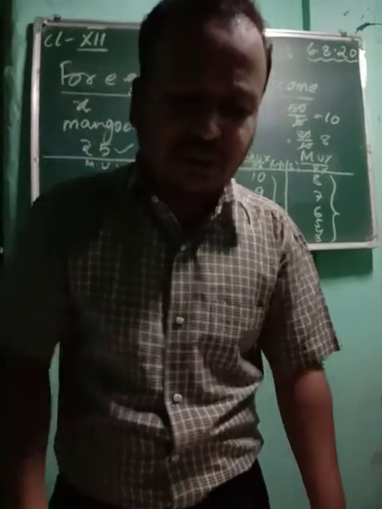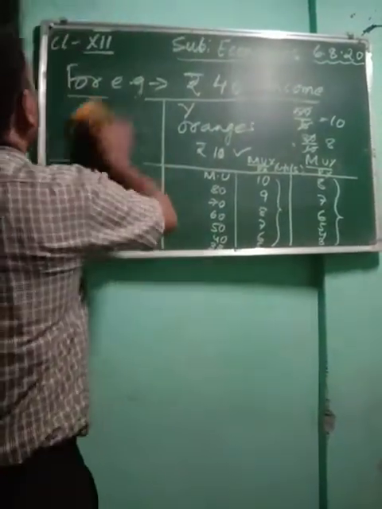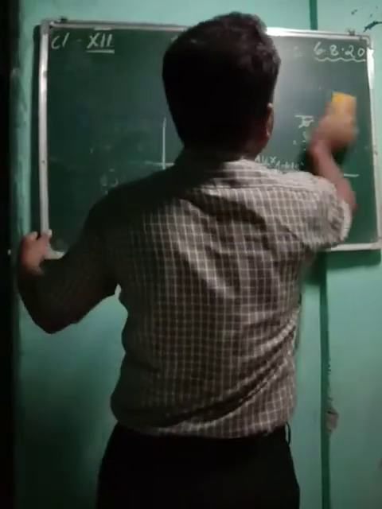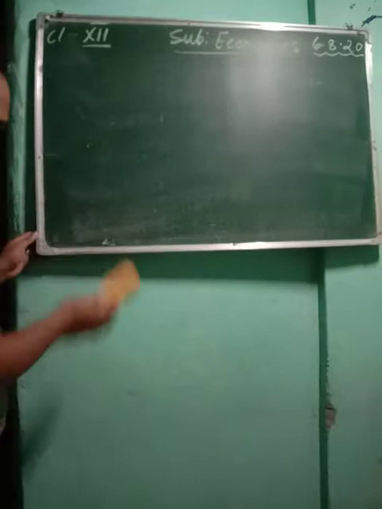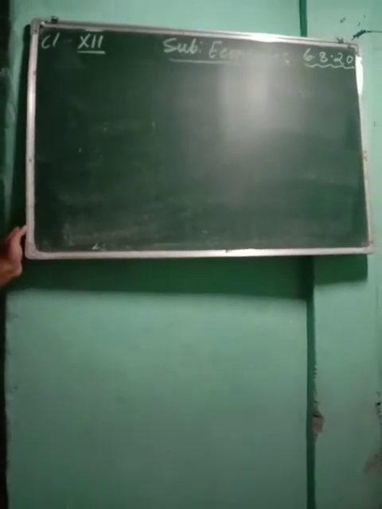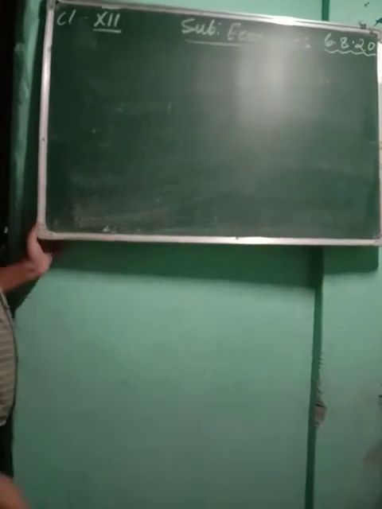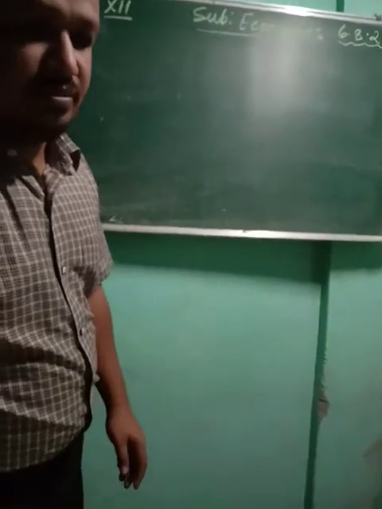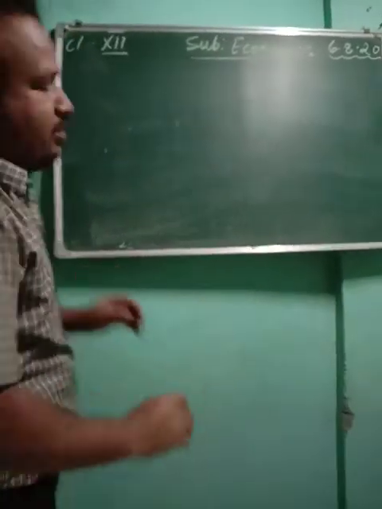Now we are going to see how he is going to spend 40 rupees. His income is 40. We are going to see the combinations and expenditure.